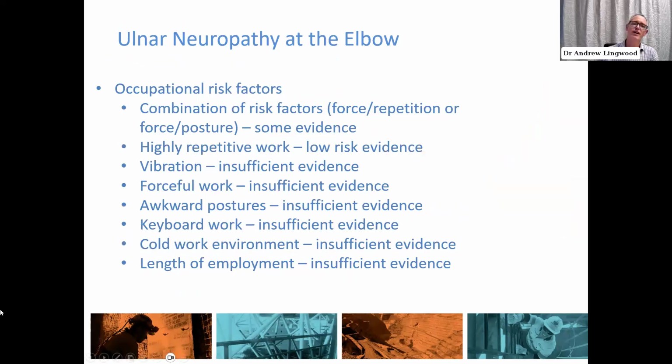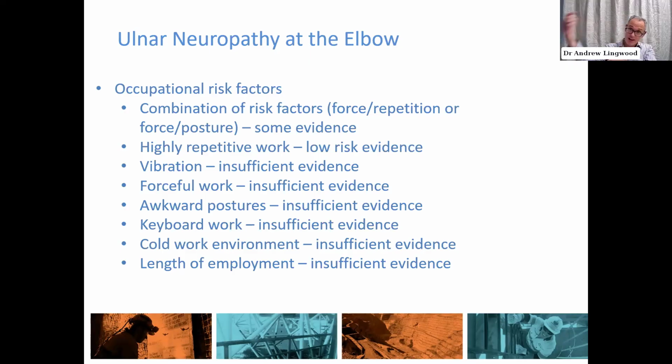In terms of the occupational risk factors, again, there's not a lot of strong evidence for occupational risk factors for ulnar neuropathy at the elbow. Certainly things like keyboard work are not considered to be significant risk factors for it. If you are leaning on that elbow, you might exacerbate it.